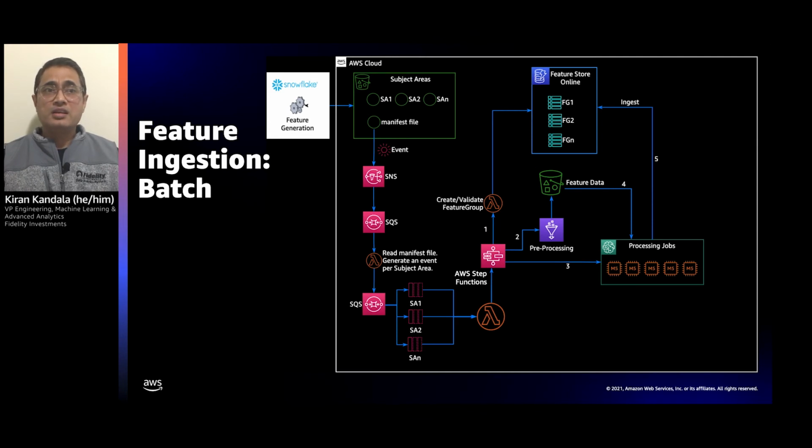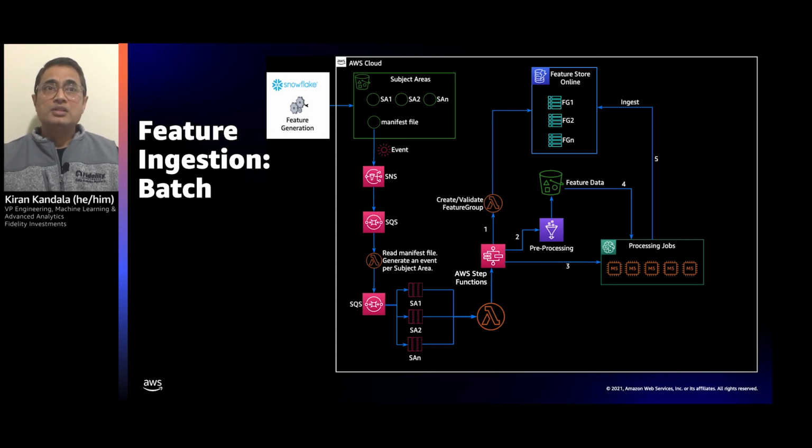Like you see here, this enables us to process each subject area in parallel. And then we use Step Functions to orchestrate and also throttle the number of SageMaker processing jobs that we want to run in parallel. There are 5 steps in the step function.